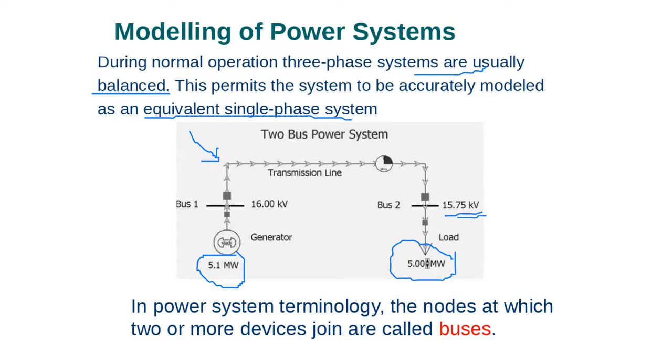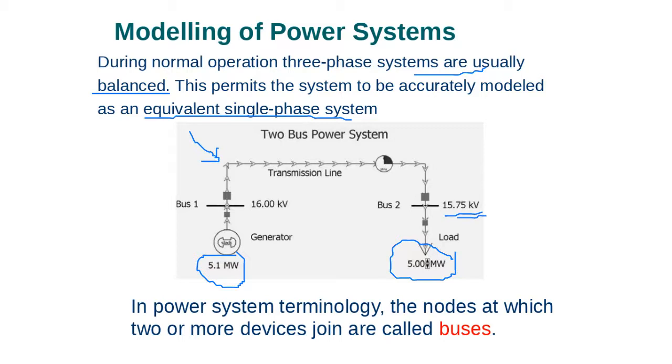So always when we talk about a three-phase system and we mention the voltage at the bus, that is line to line. So when we say 66 kV or 132 kV, that is line to line voltage. This is the terminology that I would like you to know before we go on.